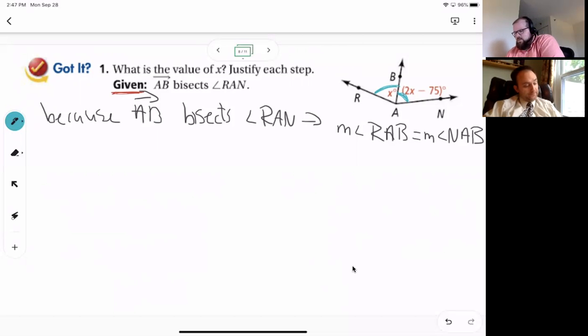Okay, and I feel like as soon as we do that, then we're kind of good to go and we can really power through this, because I know that x must be equal to 2x minus 75. And if we're looking at that, now we have an algebraic equation.